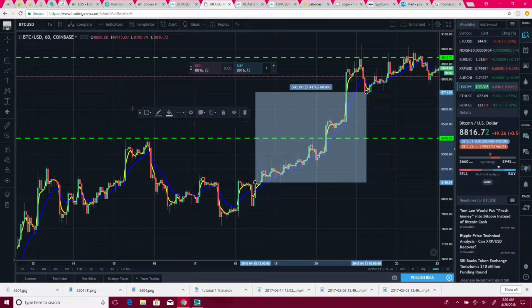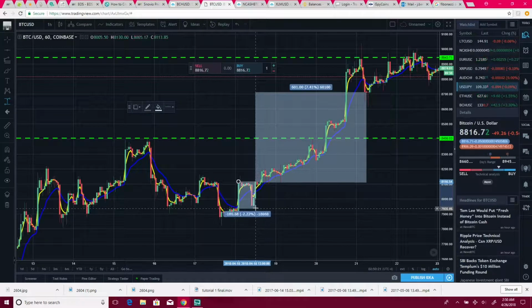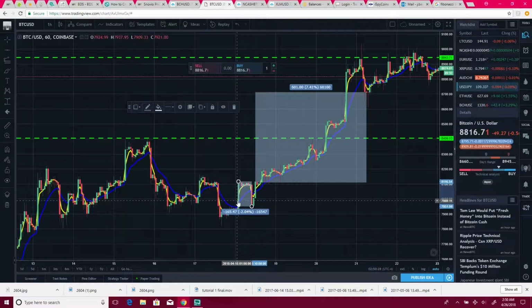And let's measure that loss you took right before that. You placed a buy here, and then it crossed. So you lost 2% and you gained 7%, roughly.